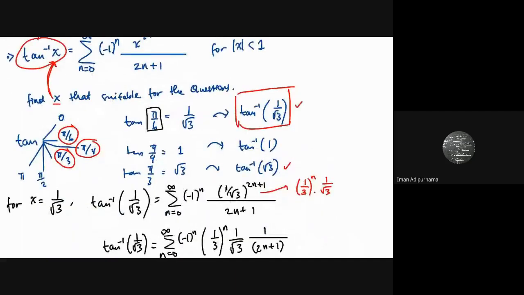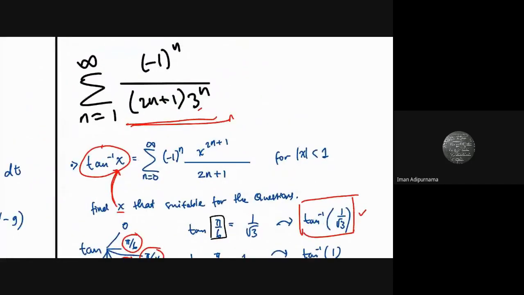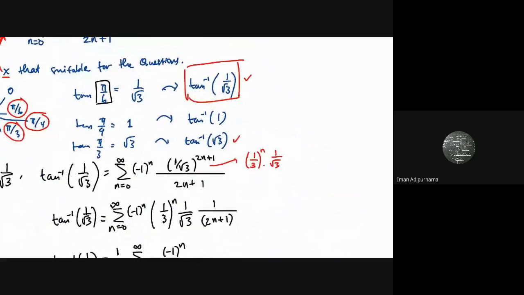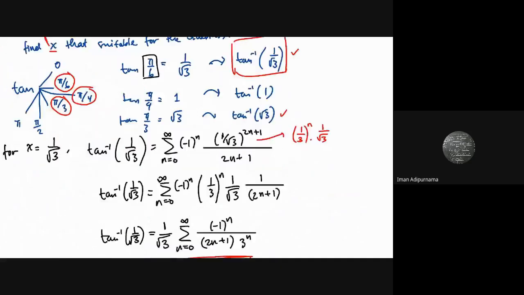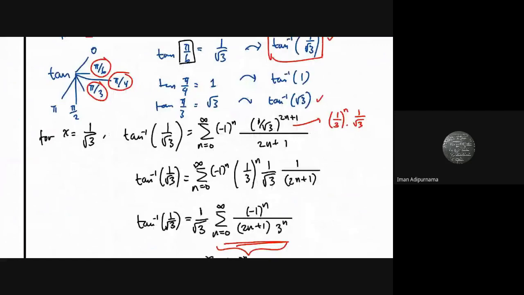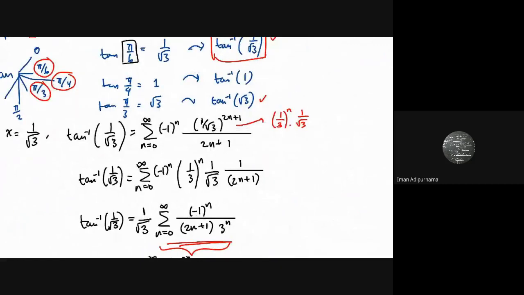So we are trying to use this or this, but I think here is more suitable because it will be 1 over something down here, right? So that's why I'm choosing this one. And by doing that, we are solving the x as 1 over square root of 3 into the equation of the tangent inverse.